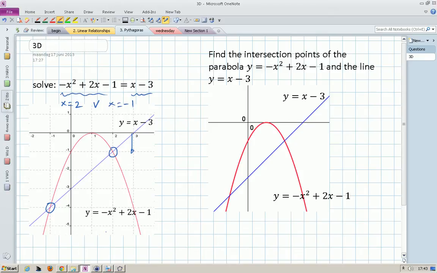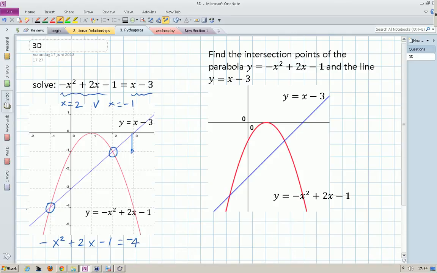As an aside, let's say that we had this equation: minus x squared plus 2x minus 1 equal to minus 4. What we're looking for is which x gives a distance from the x-axis of minus 4.